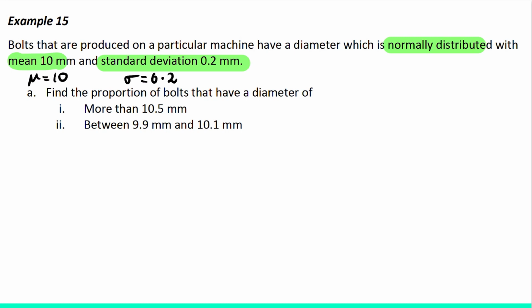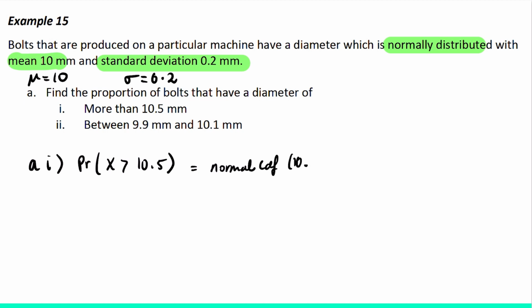This is just as simple as plugging it into our calculator. For part A, I'm wanting the probability of x being greater than 10.5. At this point, hopefully this is very normal for you. Normal, see what I did there? Normal CDF, 10.5, infinity, 10, 0.2.